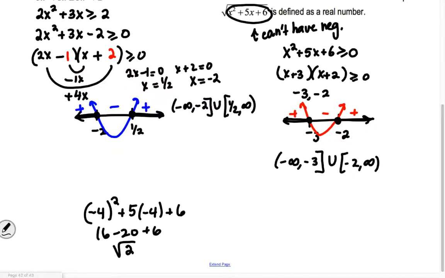Sure. But what if I picked a number in the middle, like -2.5? You can try it, you end up getting a negative. It doesn't work. What if we try something bigger, like 0? Does 0 work? 0 squared plus 5 times 0 plus 6. I get the square root of 6, right? Can I take the square root of 6? Yeah. So you can check things in the end and make sure that it works.